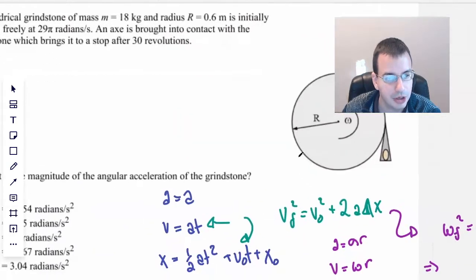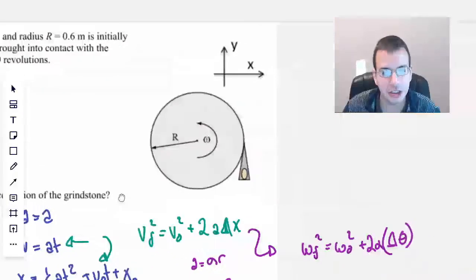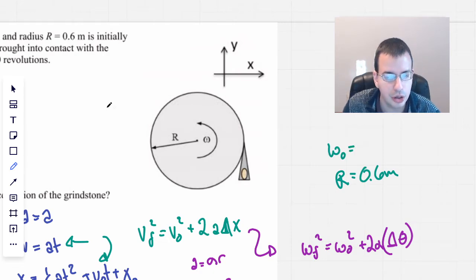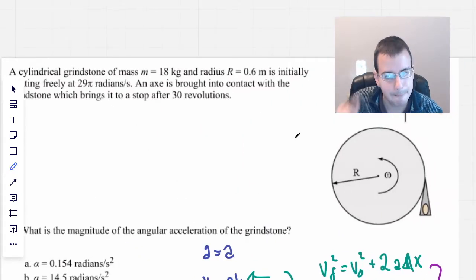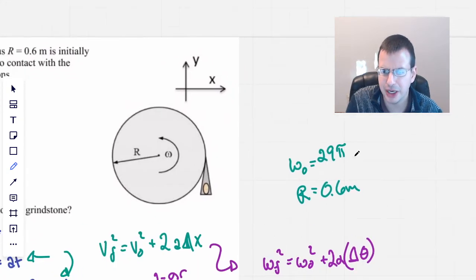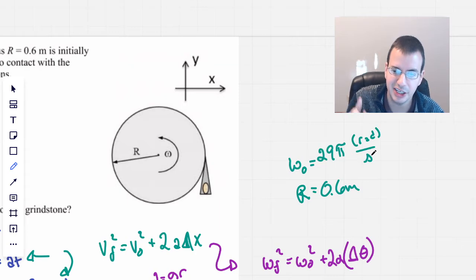So from this point we look at, all right, we know r is 0.6, which doesn't actually matter at this point, so we're probably good. We know initial angular velocity is 26 pi radians per second, so 26 pi. And I like to write radians in parentheses because it's not actually a dimension.